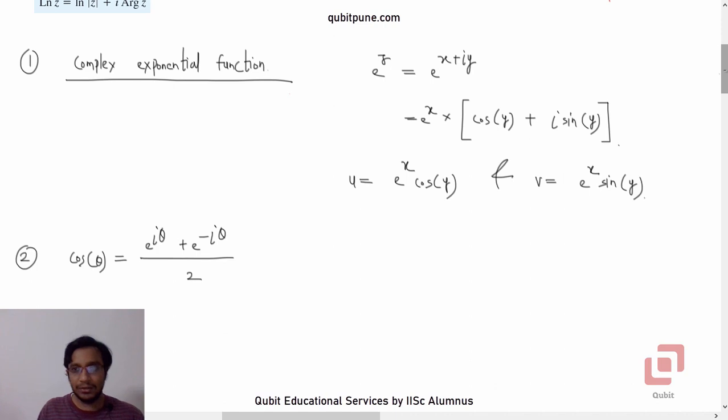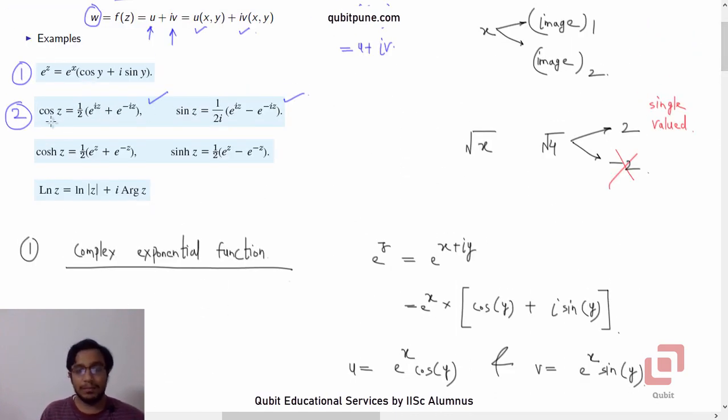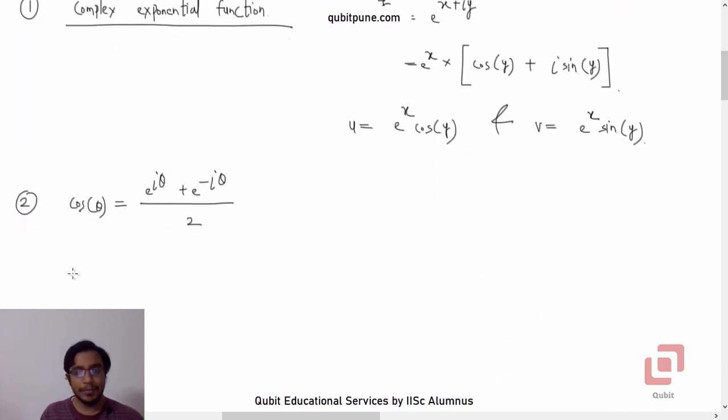So what we are doing here is defining the complex cosine function cos of z. We are just replacing theta by z and allowing it to be any complex number. Same thing with sin z. For sin theta we have e to the power i theta minus e to the power minus i theta, which gives us 2i sin theta in the numerator, so you have to divide it by 2i to get sin theta.